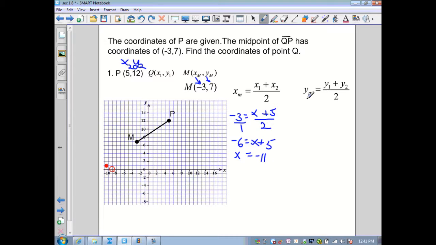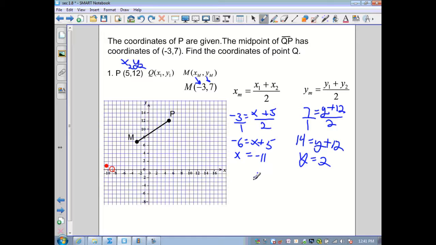In the same fashion for y, I know yM is 7. y1 is unknown, so I just let it stay y. Plus y2 is 12, all over 2. Create a proportion, cross multiply, and simplify. I get 14 equals y plus 12. Therefore, y is equal to 2.